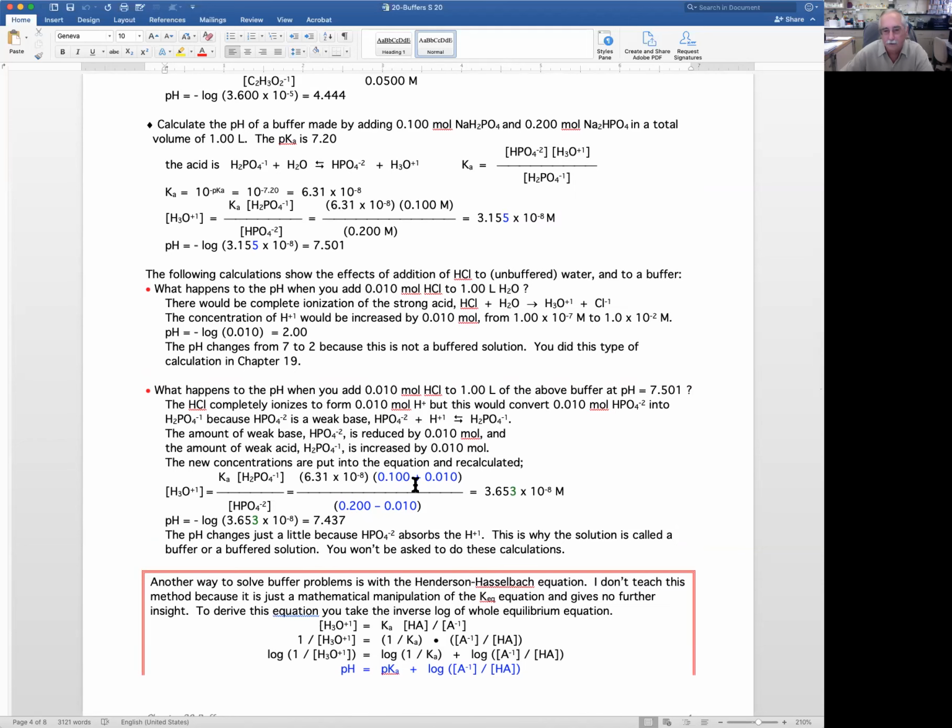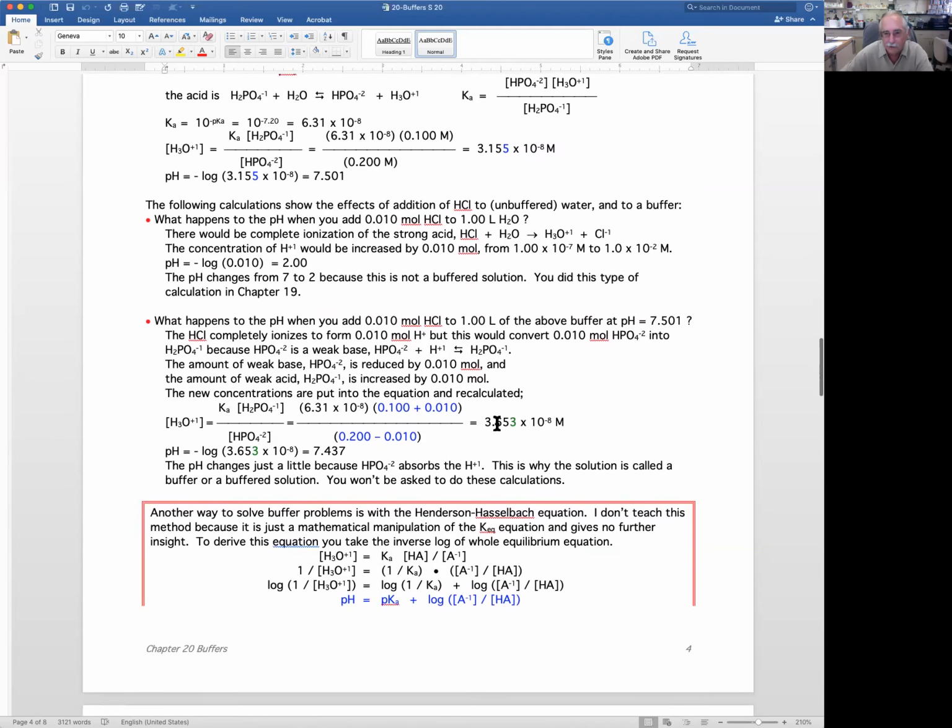I recalculated the hydronium ion concentration, take the negative log of that, and you can see that it dropped from 7.501 to 7.437. Not much of a pH difference because that's a very well buffered solution. The ratio is about 2 to 1. Not the best buffering capacity, which would have been 1 to 1.